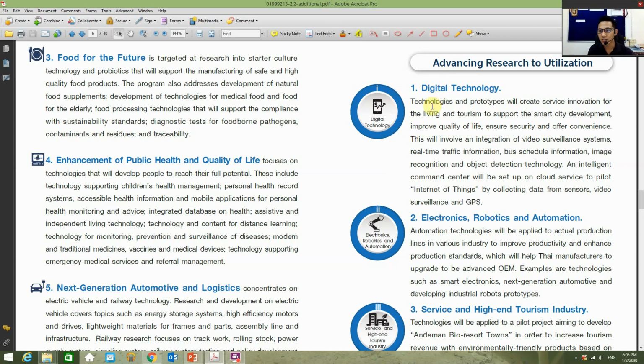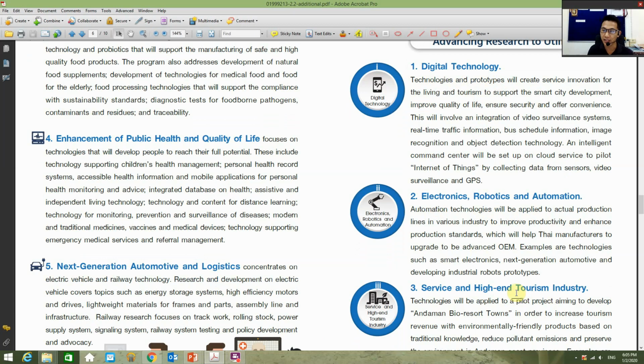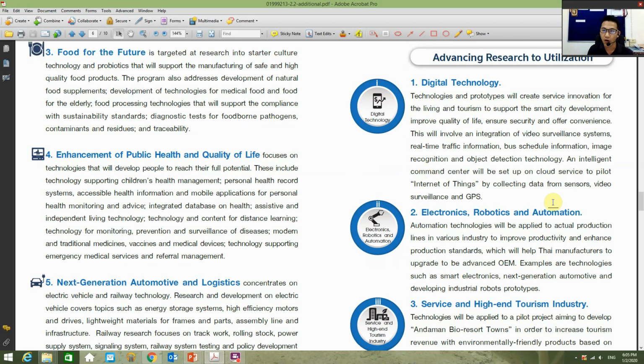But of course, digital technology is still needed for utilization anyway. And number second is electronics, robotics, and automation. Number third one is the service and high-value tourism industry. This is all advancing research.